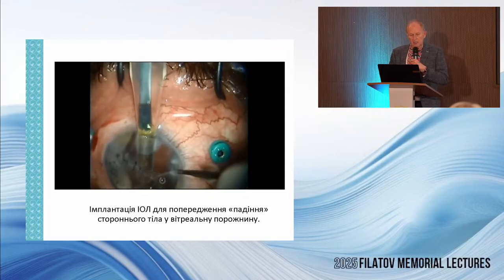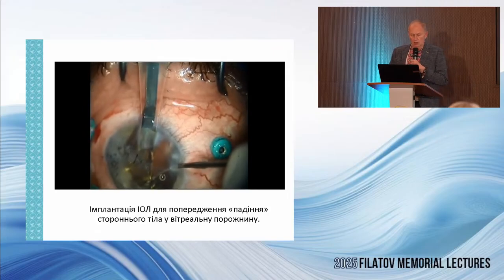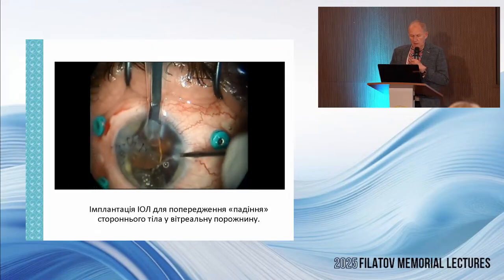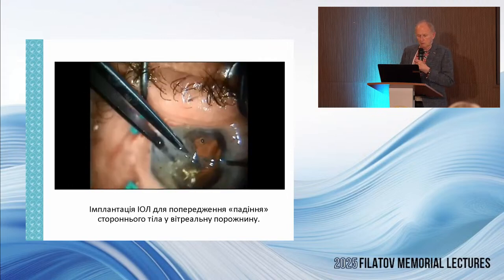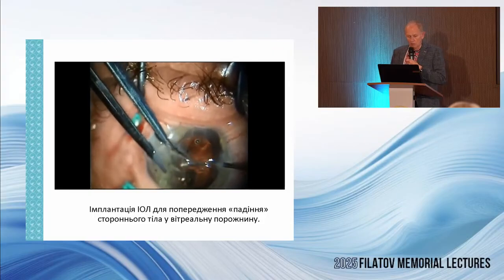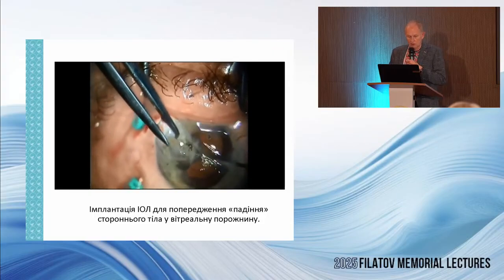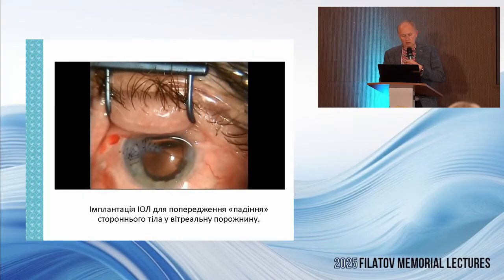The foreign body is fixed with a forceps and the iris is replaced. We're removing the corneal sutures and taking away the foreign body through the existing opening. There was no other way for this operation.